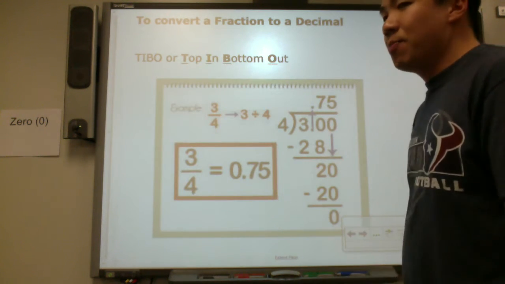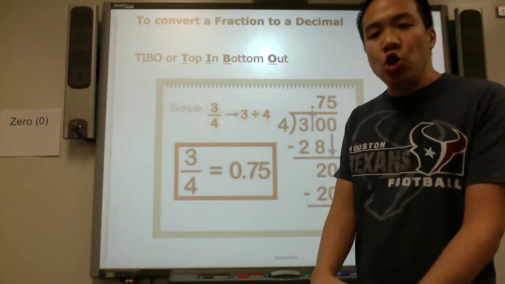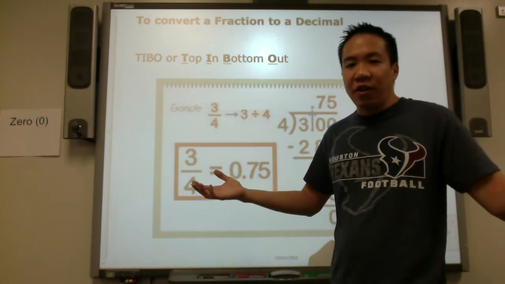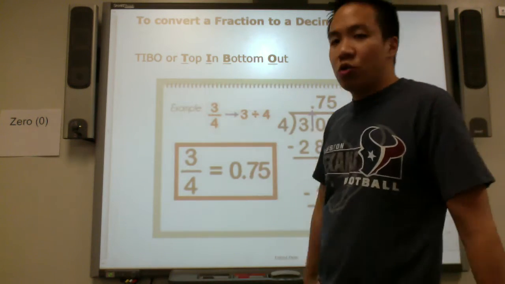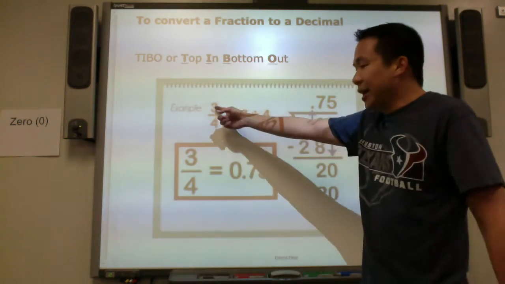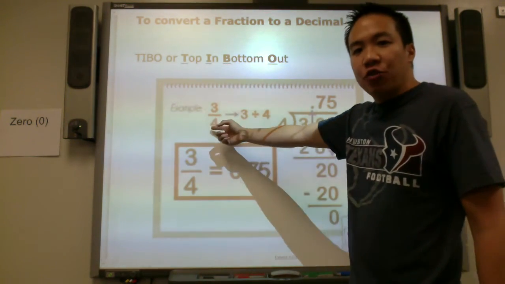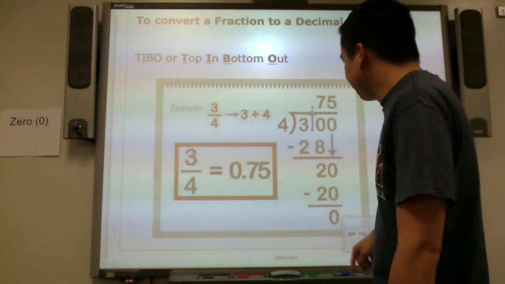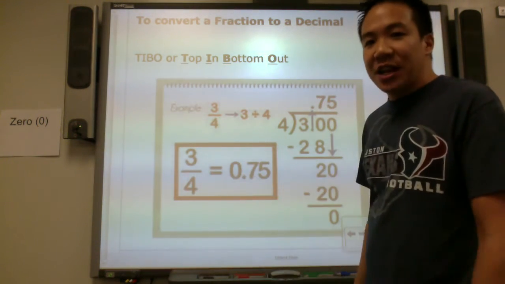So again, as a reminder, to convert a fraction to a decimal, because if you can do that, this whole lesson is just turning all fractions to decimals, use the word TIBO, top in, bottom out. Again, you have 3 divided by 4, or 3 divided into 4 parts, and that's equal to 0.75.